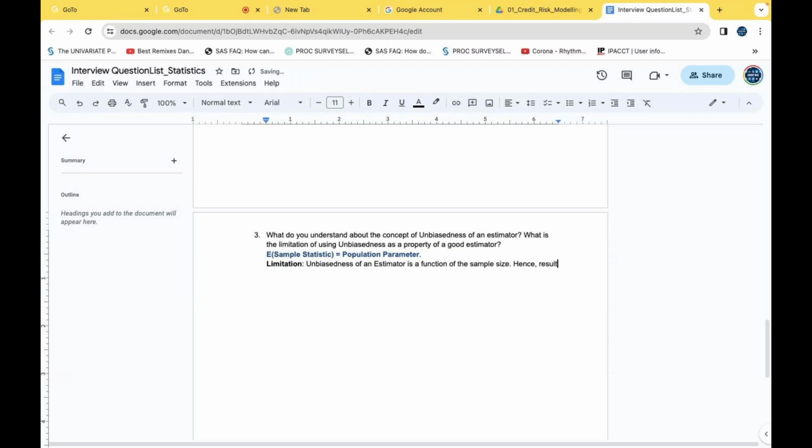Hence, results can be unreliable depending on the distribution of the estimator for a given, limited sample size. Hence, this particular measure is not looked at in isolation. It is looked at along with another measure.